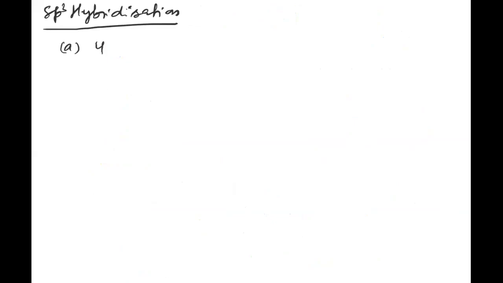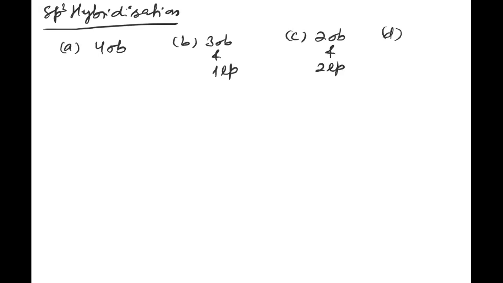Either it is forming 4 sigma bonds, or it may be 3 sigma bonds and 1 lone pair of electrons, or 2 sigma bonds and 2 lone pairs of electrons, and here we have 1 sigma bond and 3 lone pairs of electrons.